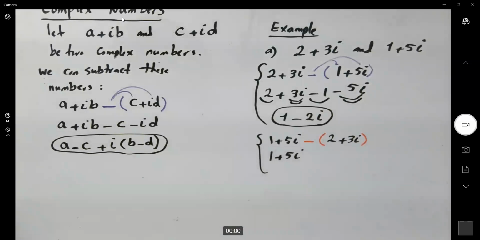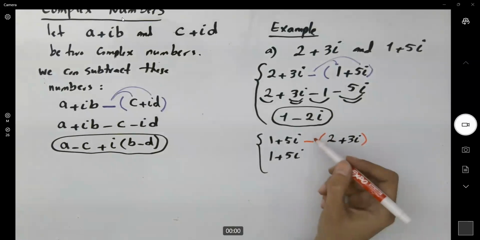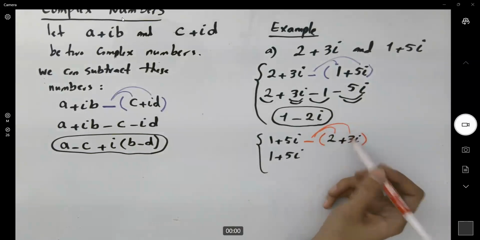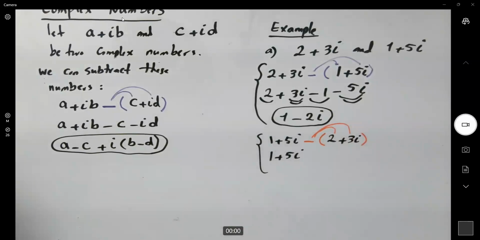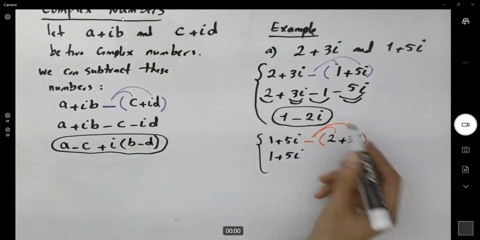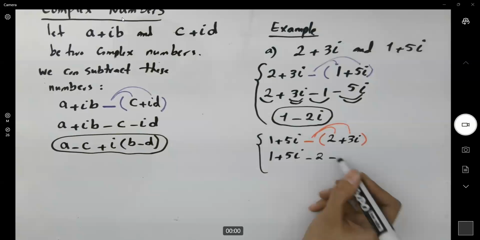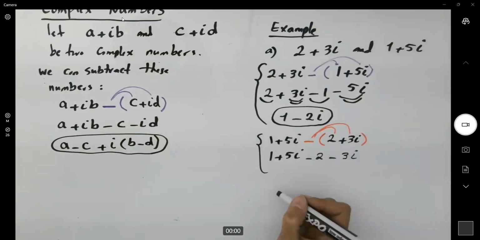Now you have to distribute this negative sign into the parentheses. Am I right? Well, the second number becomes -2 minus 3i.